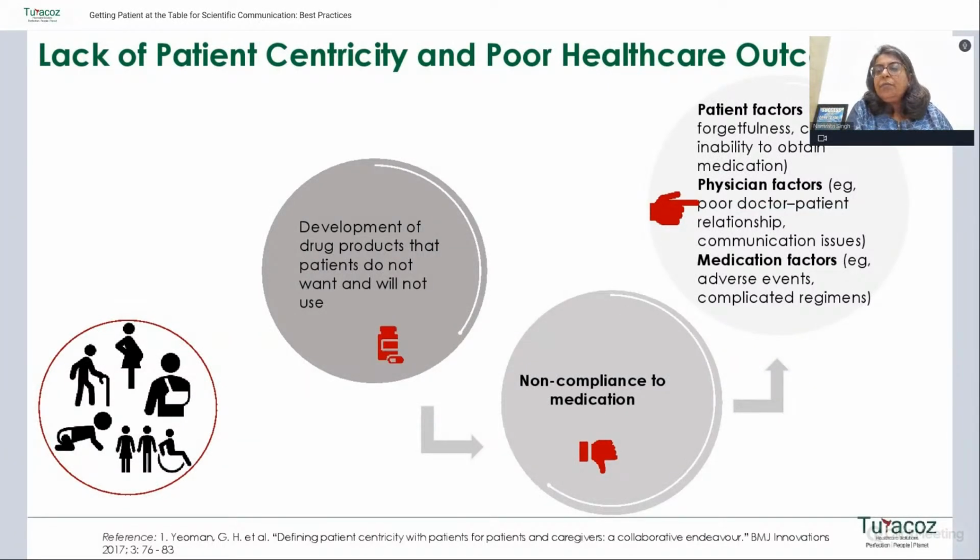So we are talking about something which is very simple, but very critical. Sometimes we think of very complex, very difficult situations, and we try to find solutions there. But this patient centricity, bringing the patient to the table, talking to them, listening to them, is, I would say, the most simple aspect of healthcare delivery, which gets missed by many of us.